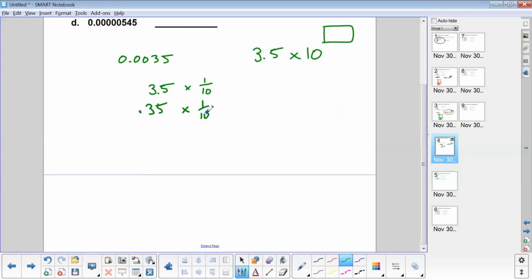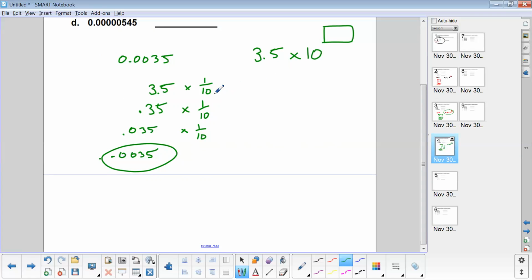If I multiply by 1/10 again, which is dividing by 10, I'm going to get 0.035. And if I multiply by 1/10 again, which is the same as dividing by 10, I get the number where I originally started. So my A value was 3.5.